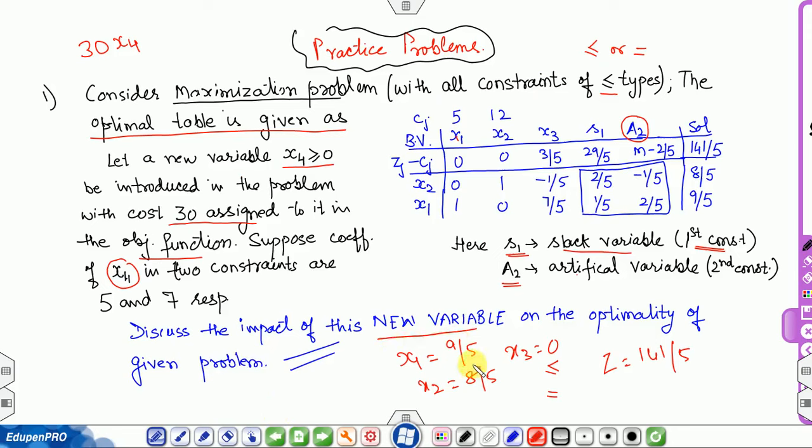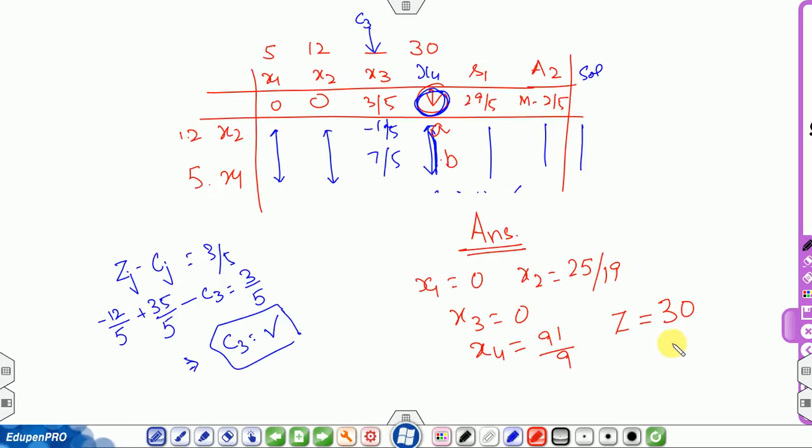So is there any impact of these new variables? Yes, because the original value of z is 141 by 5 while the new value is 30. So therefore there is an impact or effect by adding a new variable.